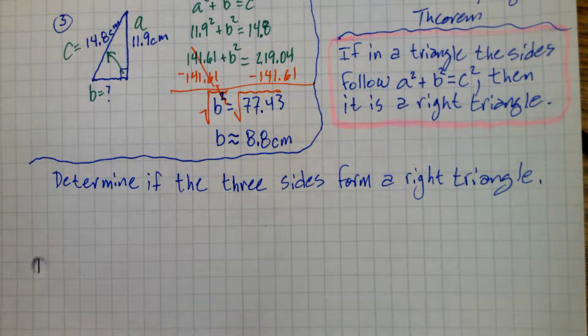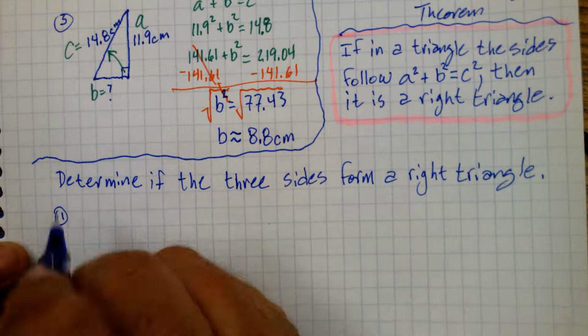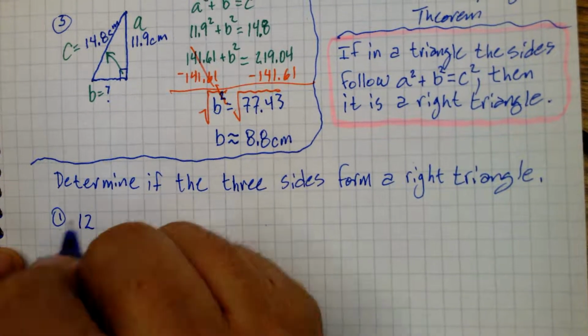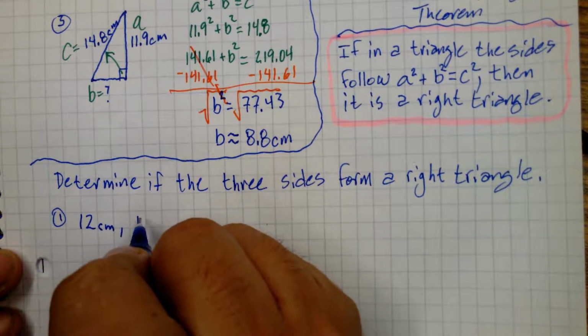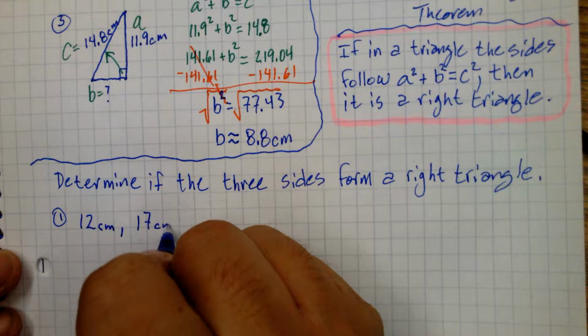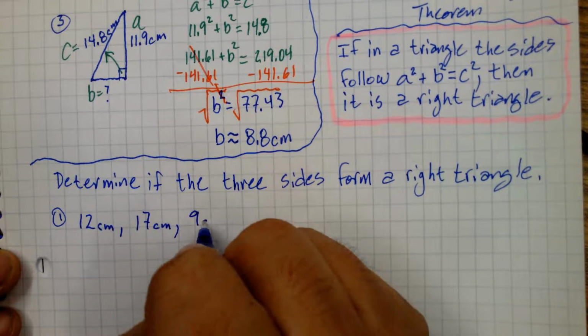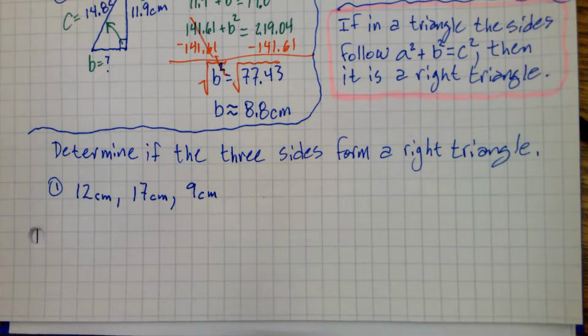And again, okay, let me give you the first one. Let's say the sides of our triangle are 12 centimeters, 17 centimeters, and 9 centimeters. Okay. Let's say those are the lengths.